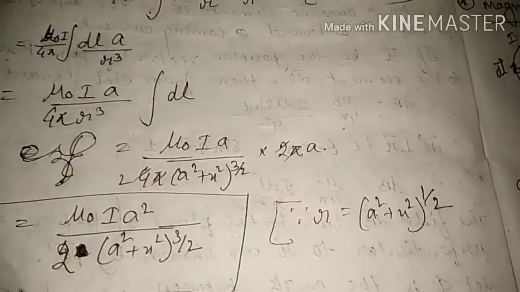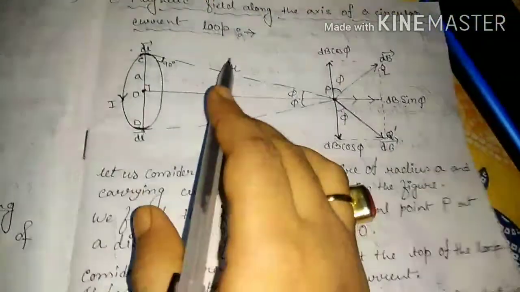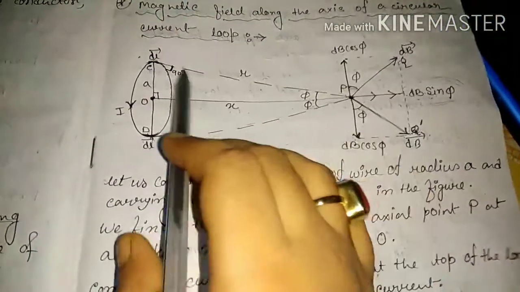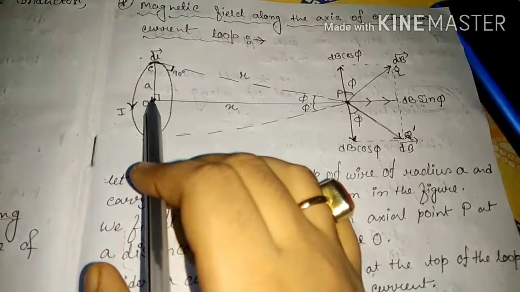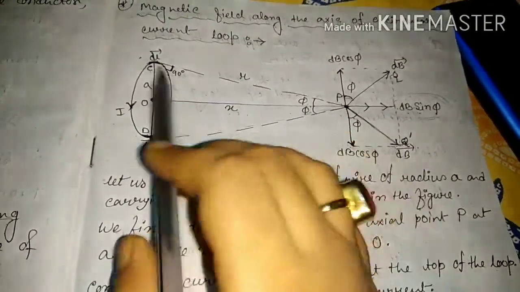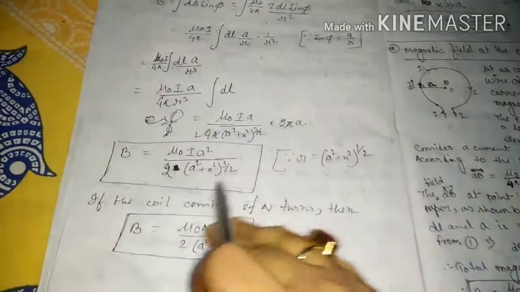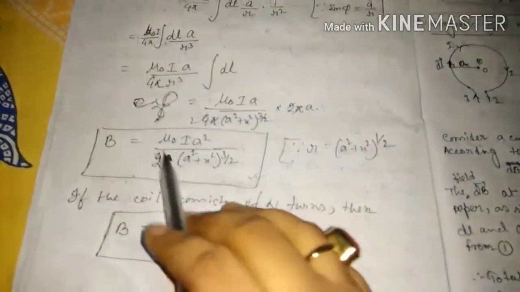In place of R, you can also write (A square plus X square) to the power half, because this is a triangle. So R equals perpendicular square plus hypotenuse square, whole to the power half, by Pythagoras theorem.